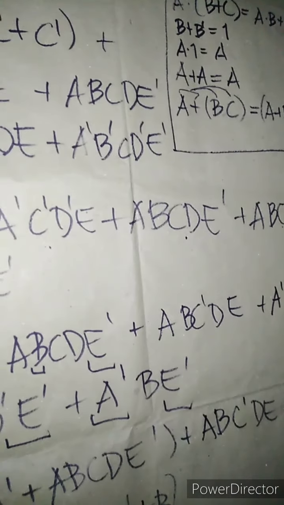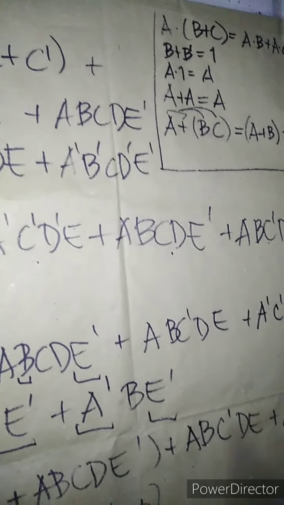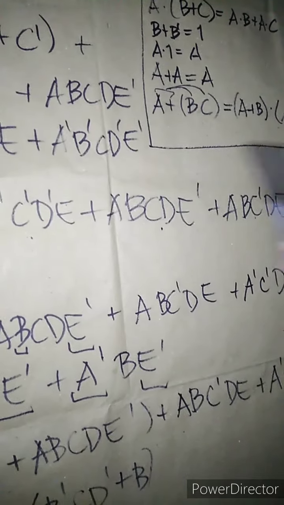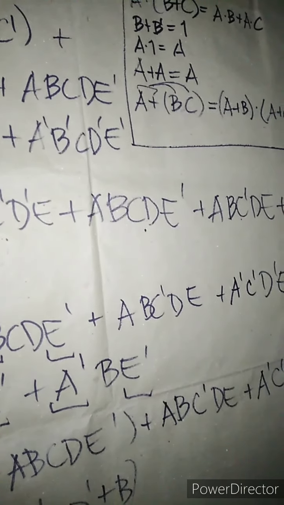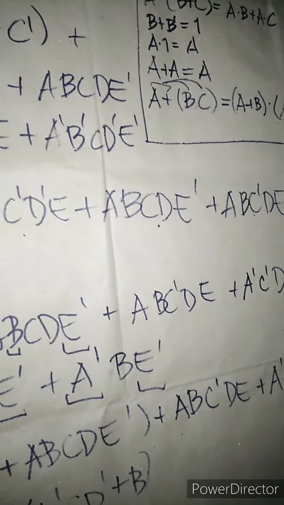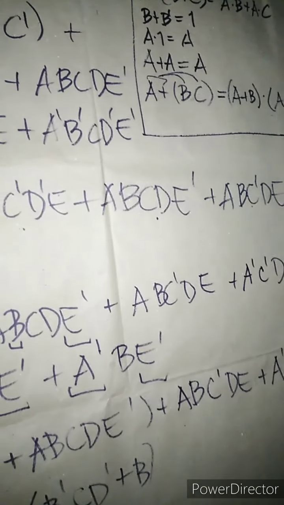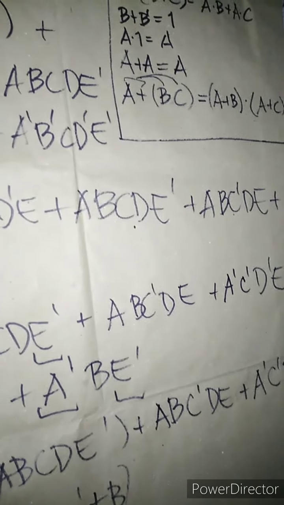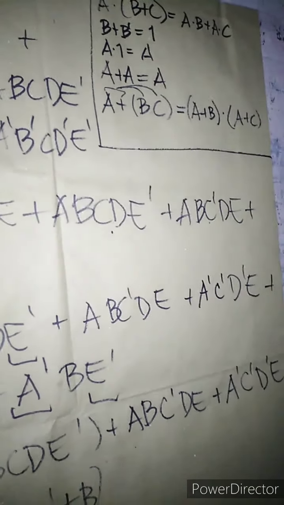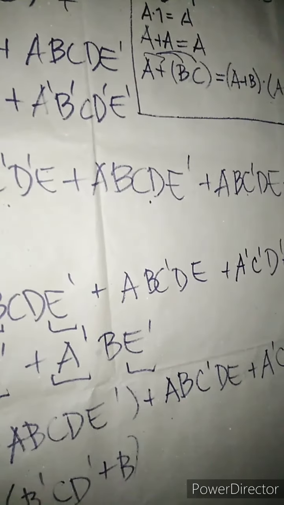In mathematics, alam naman natin na hindi to totoo, di ba? Hindi naman madidistribute yung plus. But in Boolean algebra, pwede siya. So, dapat alamin natin kung saan pwede at kung saan hindi pwede.